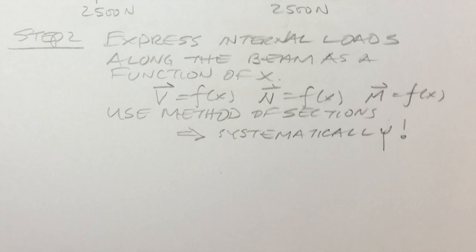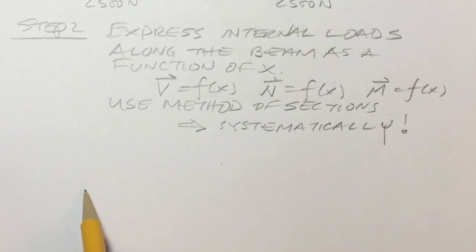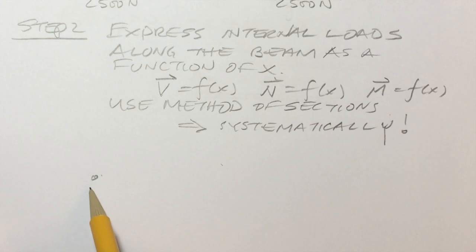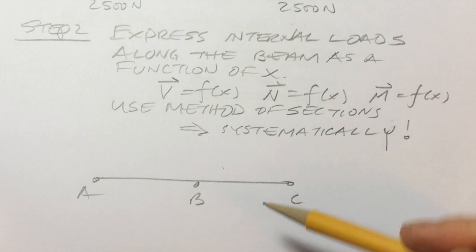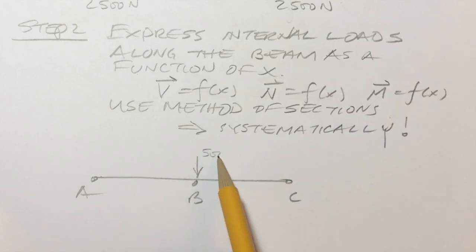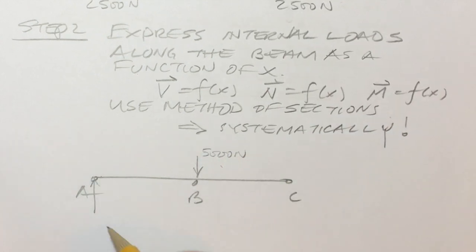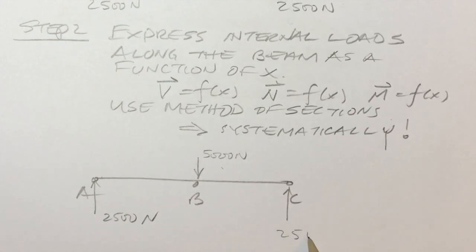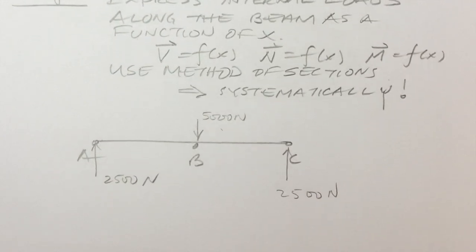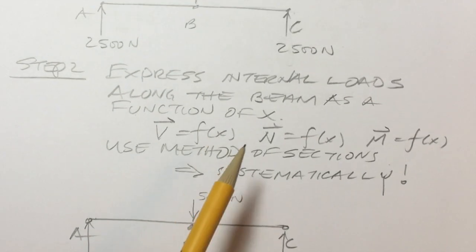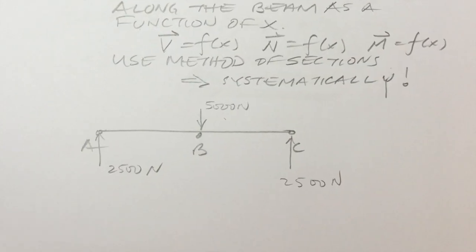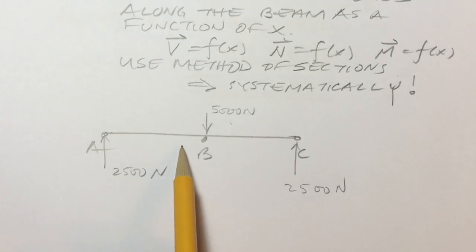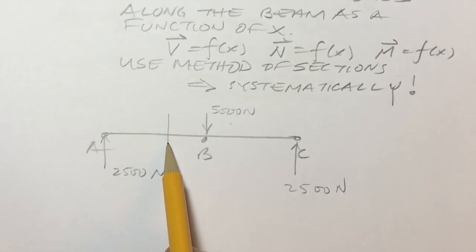So this is how we do it. I have my beam A, B, and C with 5,000 newtons and 2,500 and 2,500. In order to find these internal loadings as a function of x, the first step we need to do is section it.